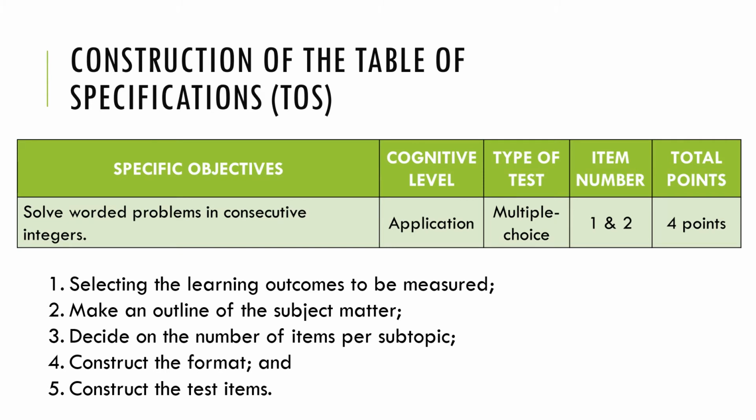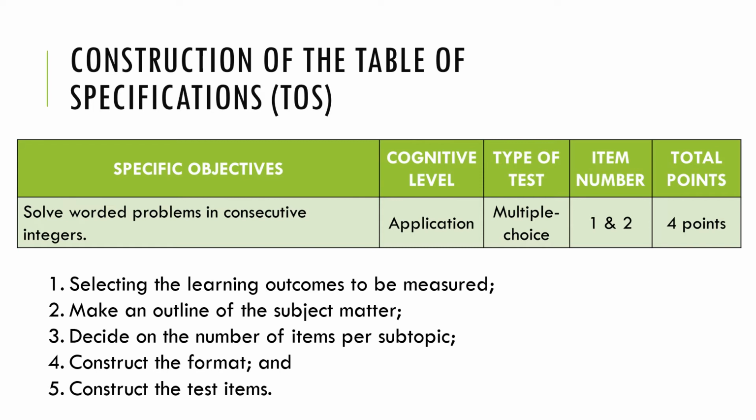Kasi nga, by the time you will be constructing a TOS, and then merong isang item doon na good for 5 points, medyo magiging problema yan by the time you will be constructing your table of specifications. Okay. So, dapat yun yung magiging reflection na tinatawag. Okay, that is the other way.